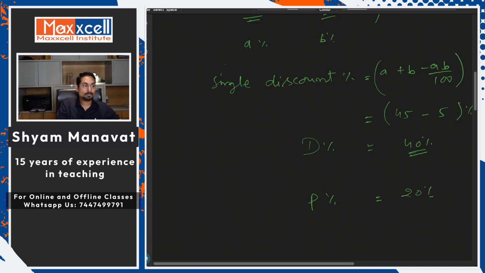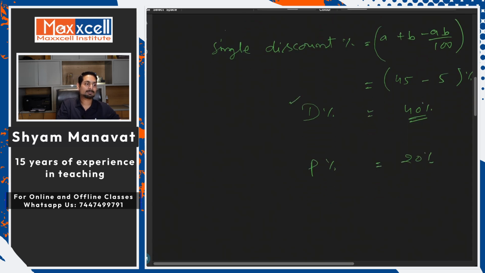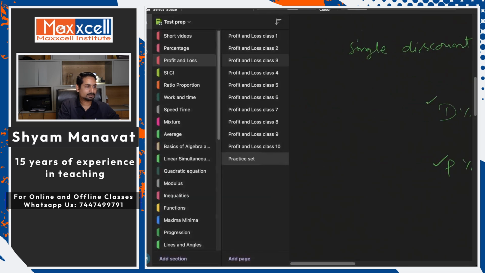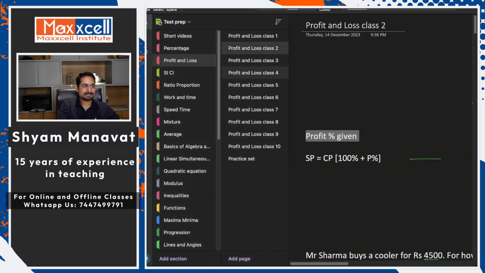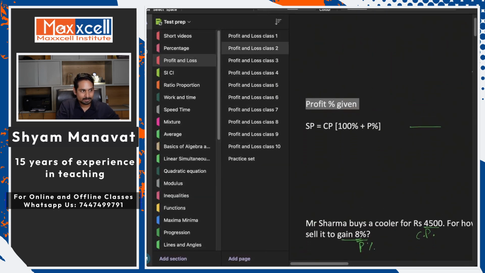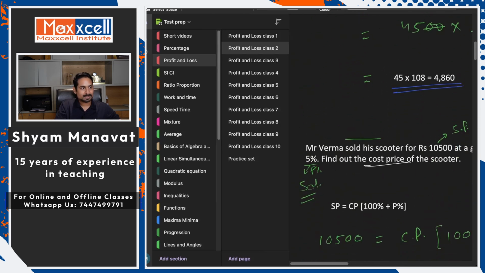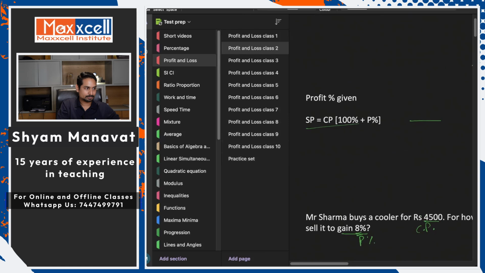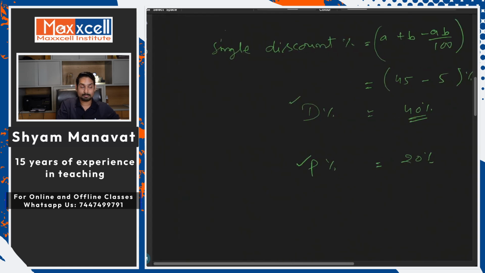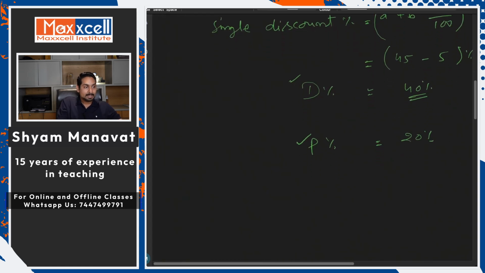20%. Now, what happened when discount percentage and profit percentage is given? I have explained in one of the chapters, lecture number 2 of profit and loss, that if discount percent is given, then selling price equals mark price into 100% minus discount percent.